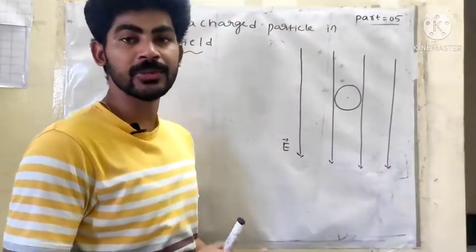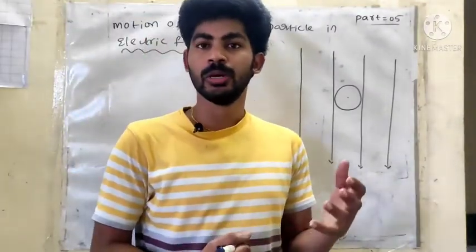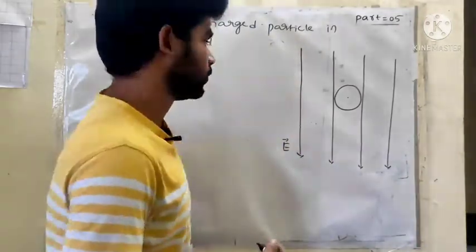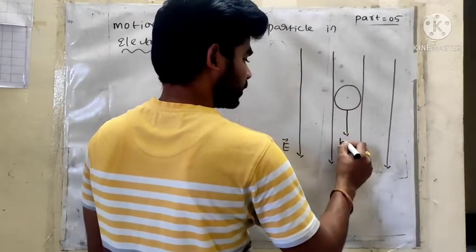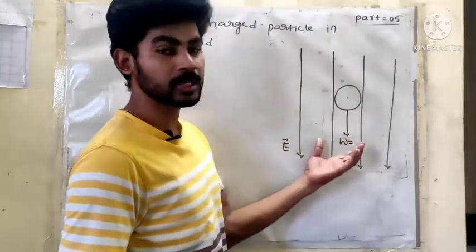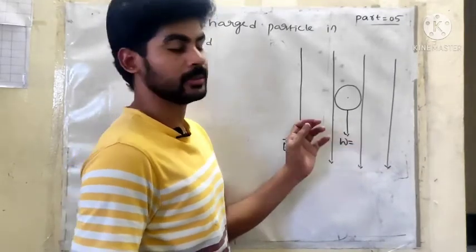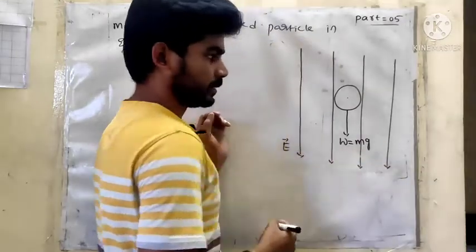Why is the charged particle falling down? The charged particle has mass, and every massive particle is attracted by the gravitational force. So the charged particle has weight, W = mg, acting in the downward direction.